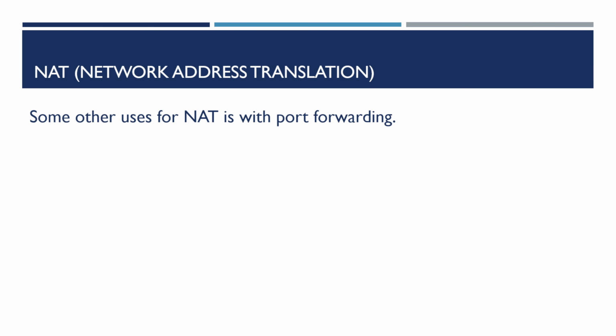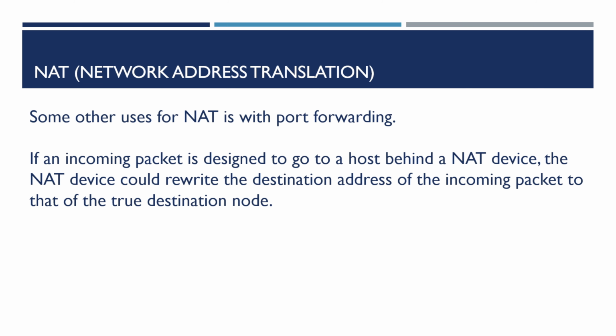Some other uses for NAT is, again, port forwarding. If an incoming packet is designed to go to a host behind a NAT device with a private IP address, the NAT device can rewrite the destination address of the incoming packet to that of the true destination node. You have a packet hit your NAT device, and your NAT device knows that, hey, this port, this info should be forwarded to 192.168.0.10.